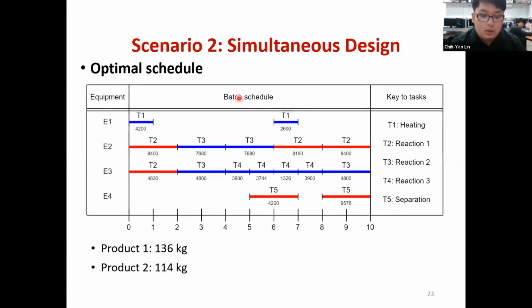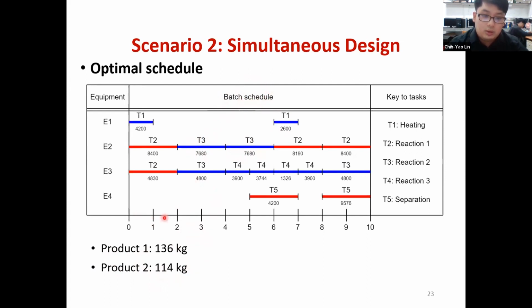This figure indicates the result of simultaneous scheduling. We have the same result for product 1 and product 2, but simultaneous scheduling is different from sequential scheduling, because simultaneous design considers more chance of heat exchange in scheduling.